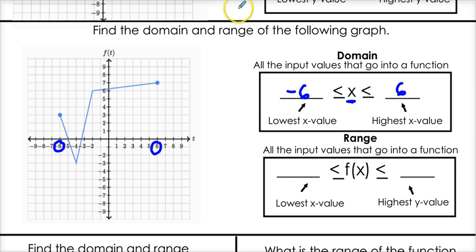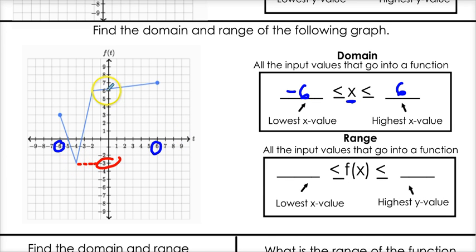The range, remember, we're just going to go to the y values now. So the lowest y is not here, right? Now, I know you want to put 3 as the lowest y, but that's not the lowest y. The lowest y is all the way down here at -3. You see how that's the lowest y that I can find? So I'm going to erase this. It's not 3. You don't just go to the point. The lowest y value on this graph is at -3.